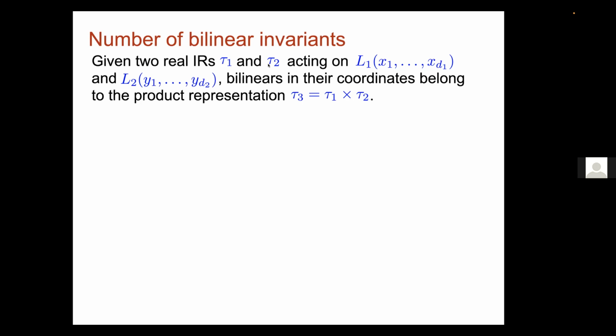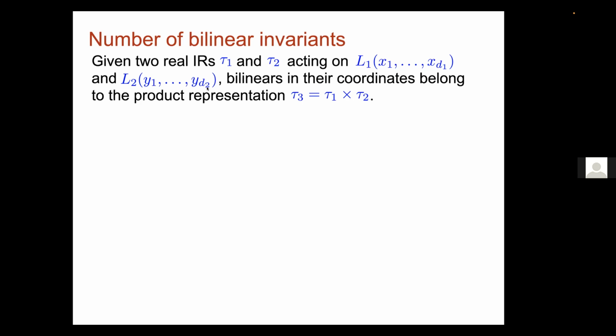If you take one irreducible representation tau1 with this basis, x1, and another irreducible and real representation tau2 with these coordinates, and then I look for bilinear invariants, like we did last time when we computed, for instance, the potential energy matrix and the polarizability tensor.